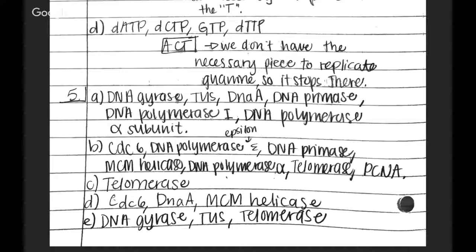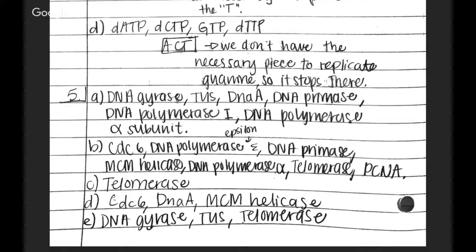That would be CDC6, DNA A, and MCM helicase. For part E, which of the above proteins is involved in the termination stage of DNA replication? And we have DNA gyrase, TUS, and telomerase. And yeah, that's about it for all the problems there.